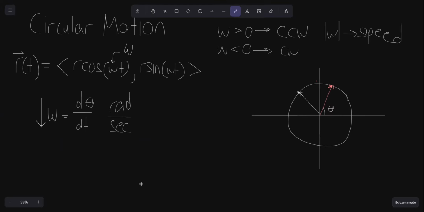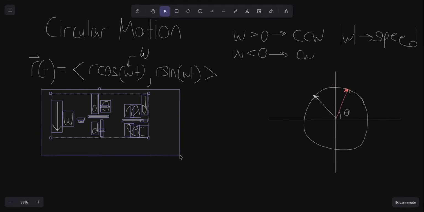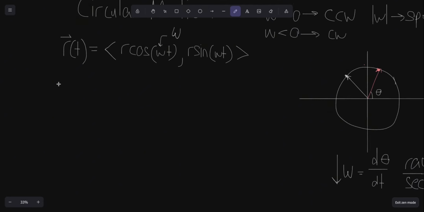Now let's get into the differentiation. Let's differentiate this to find out the velocity. So we know that the velocity, aka r prime of t, is going to be equal to, and now we just have to use our derivative rules.